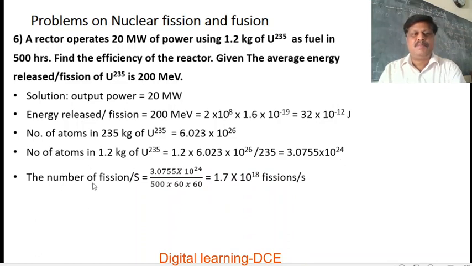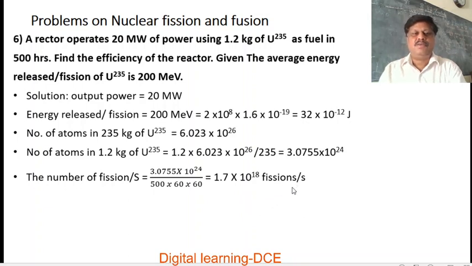Therefore, the number of fissions produced per second is equal to 3.0755 into 10 to the power of 24 divided by 500 hours into 60 minutes into 60 seconds, which gives 1.7 into 10 power 18 fissions per second.